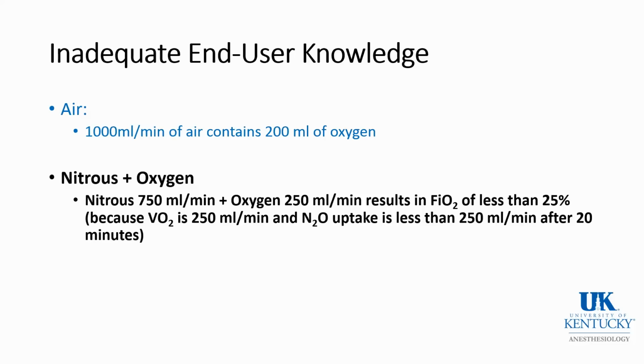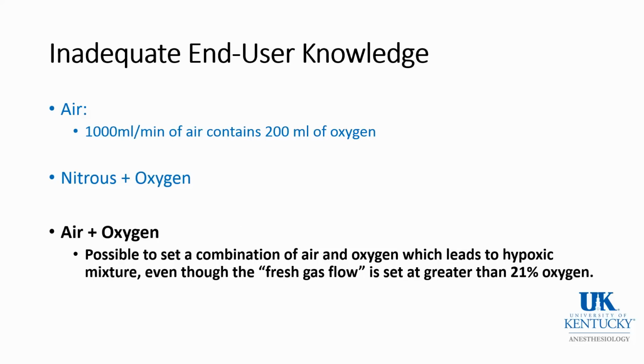When you use nitrous oxide and oxygen, it is possible to deliver 750 mL of nitrous oxide and 250 mL of oxygen, and that will result in an FiO2 of less than 25% as the case progresses, because while the oxygen consumption is fairly fixed, the nitrous oxide uptake becomes less and less over time. If air and oxygen are used in combination, it is possible to end up with a lower FiO2 than desired.